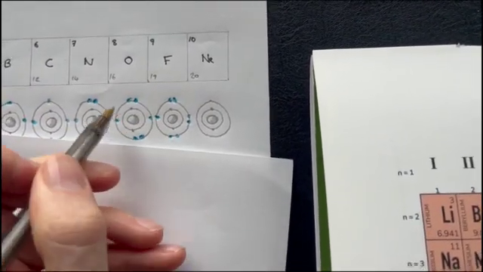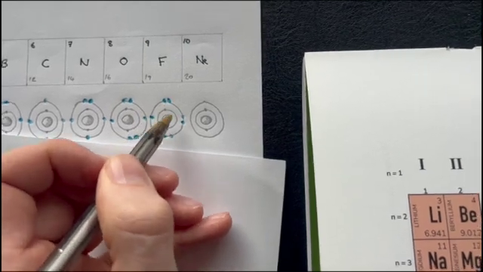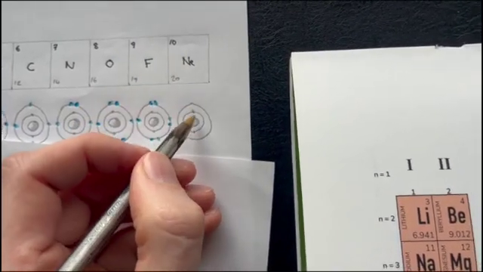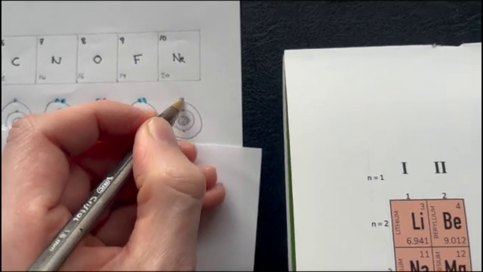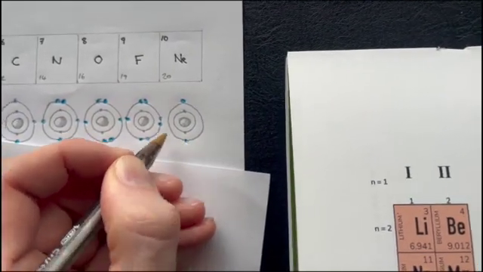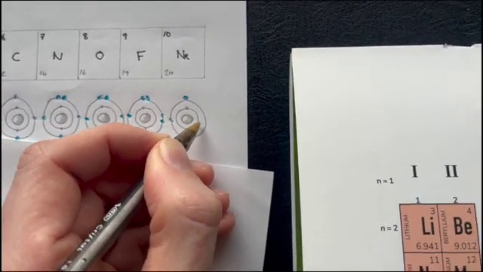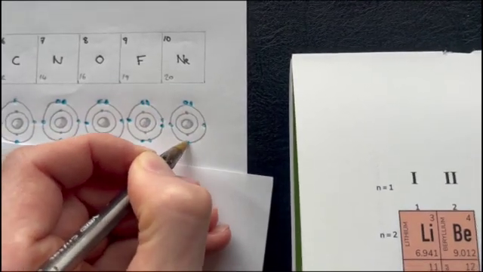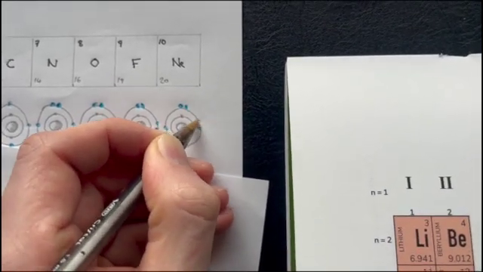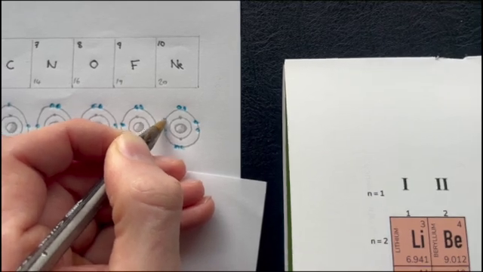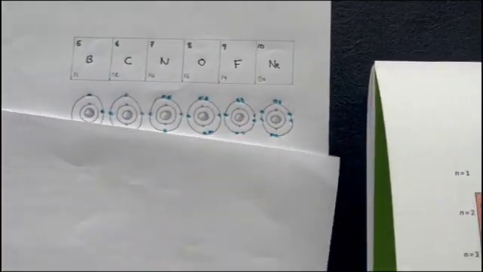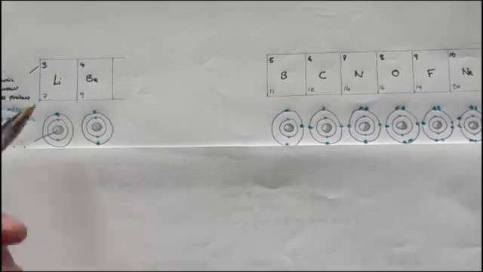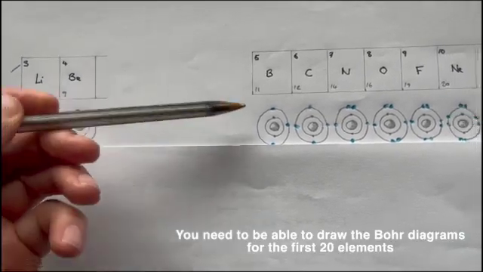I should have done the same ordering as before, but I still have the 9 electrons around it. And then finally my neon with 10. So now I have drawn what's called the Bohr diagrams for each of these atoms.